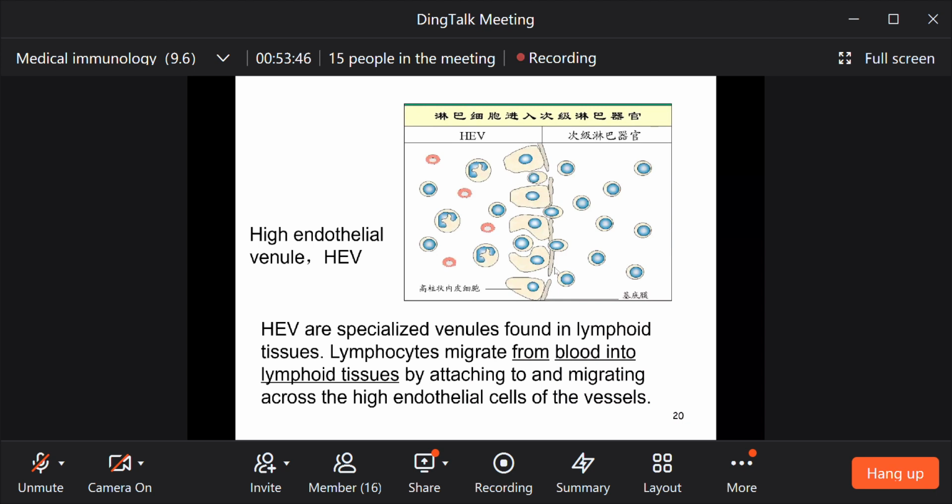Lymphocytes migrate from blood into lymphoid tissue by attaching to and migrating across the HEVs.